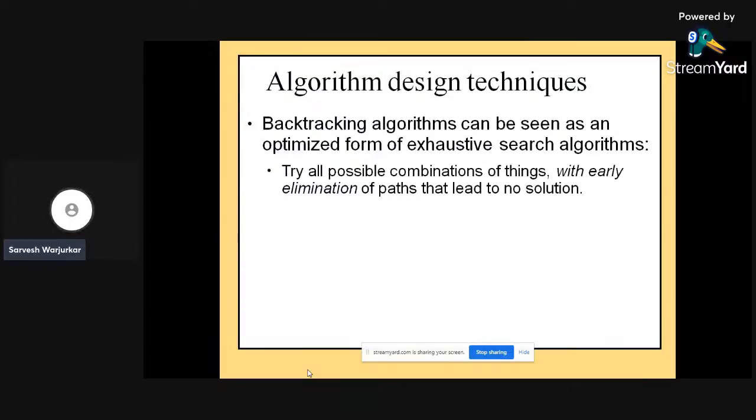I have a lot of examples for this backtracking. In backtracking, we try all possible combinations of things, with early elimination of paths that lead to no solution. Backtracking is an algorithmic technique to solve problems.